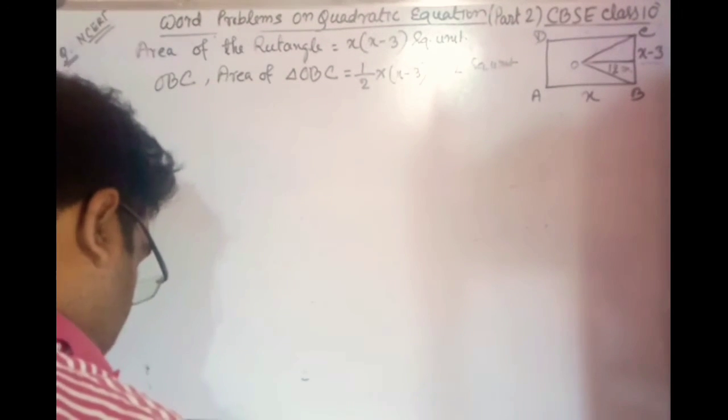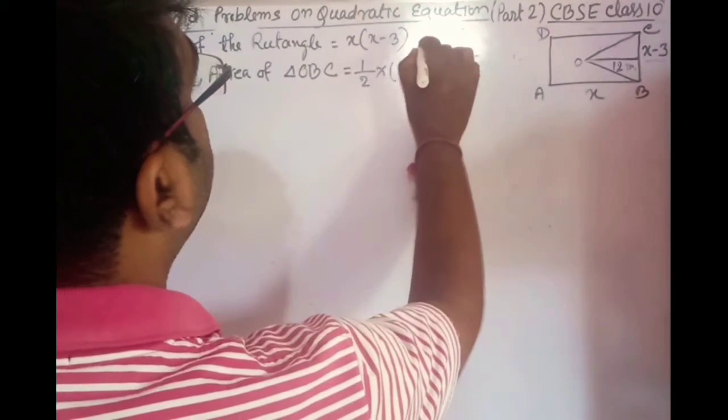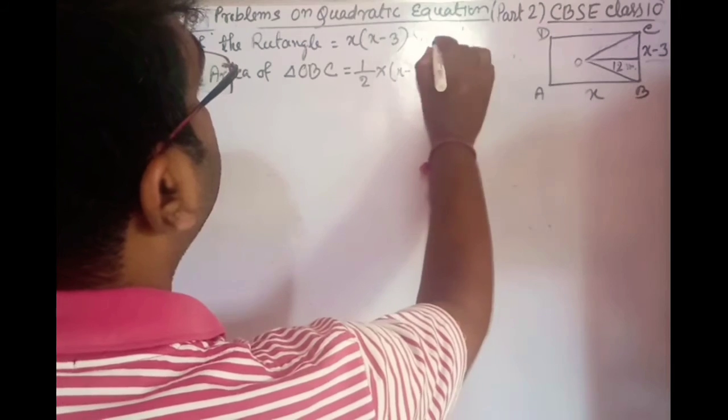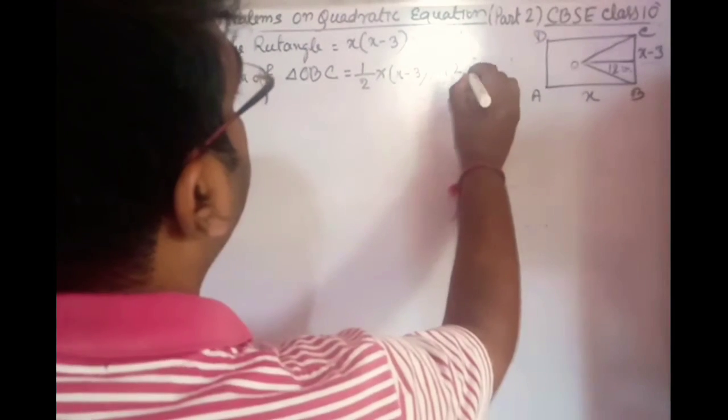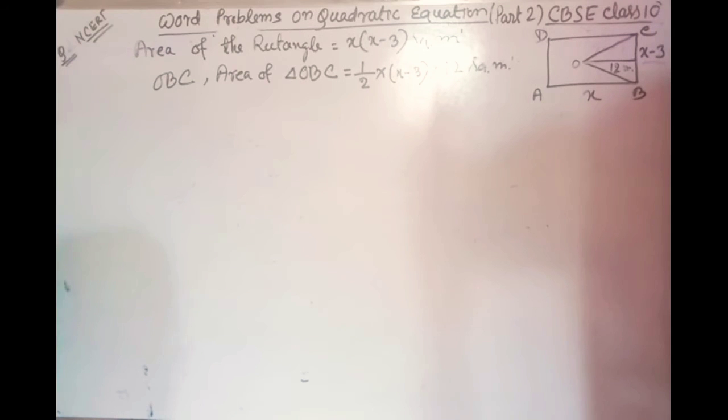It is given in meters, so square meters obviously, and this is square meters. Understood?